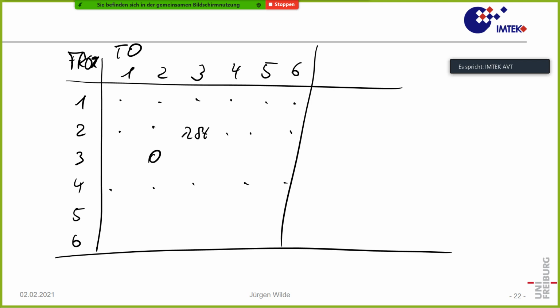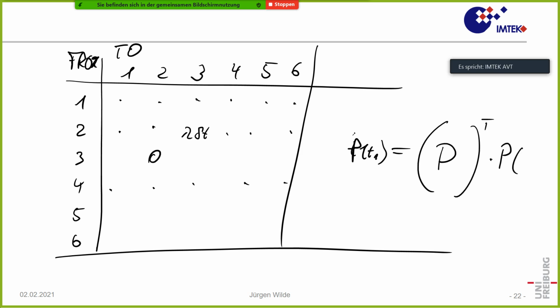And now we have this matrix, and we take an initial vector of probabilities. So we take the vector of P of t1 is this matrix P transposed times the vector of P of t0. And that are the initial probabilities.